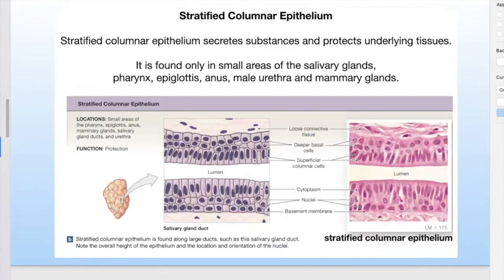And then stratified columnar epithelium secretes substances and protects underlying tissues, but it is only found in small areas of the salivary glands, the pharynx, epiglottis, anus, male urethra, and mammary glands. It is not that common or clinically important a type of epithelia.